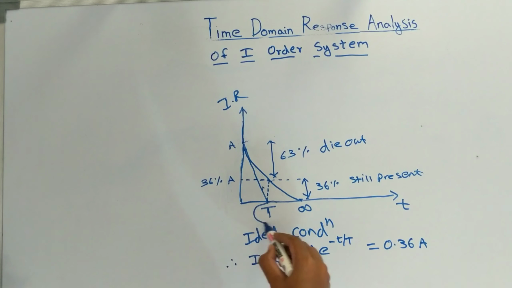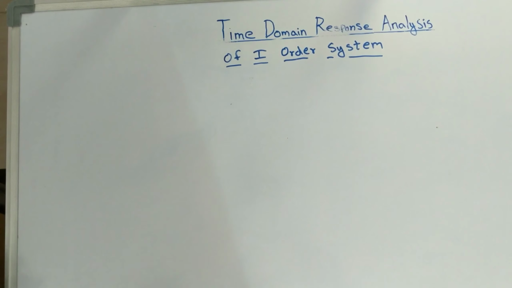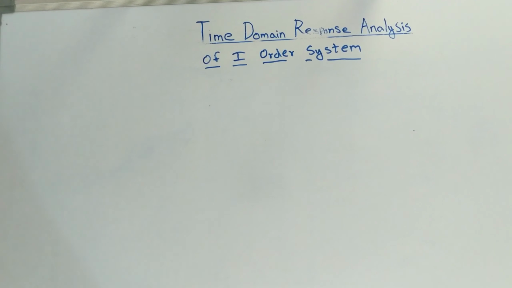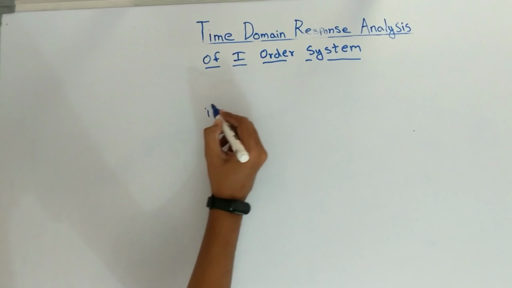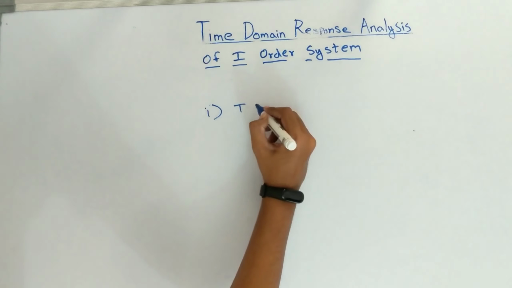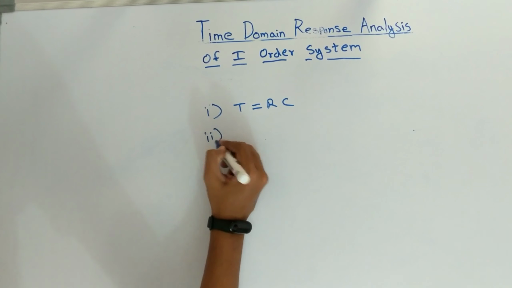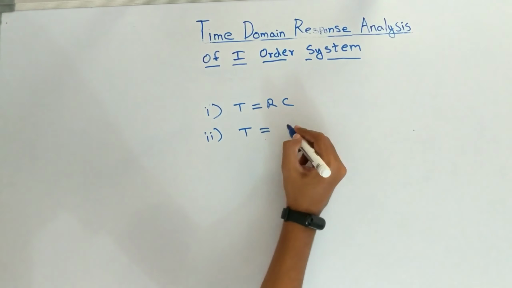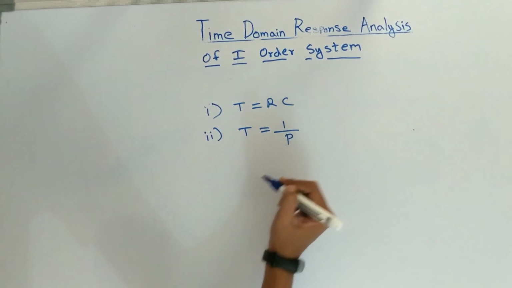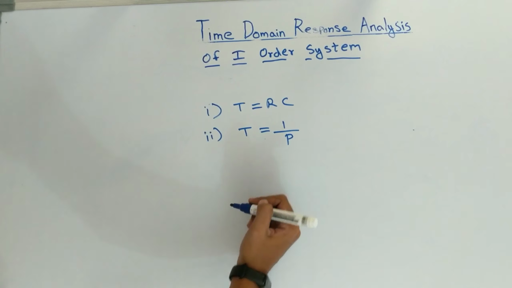So how can the time constant be defined? I have got 5 definitions. Time constant, as studied earlier, is nothing but RC. Time constant is also the reciprocal of the pole value.